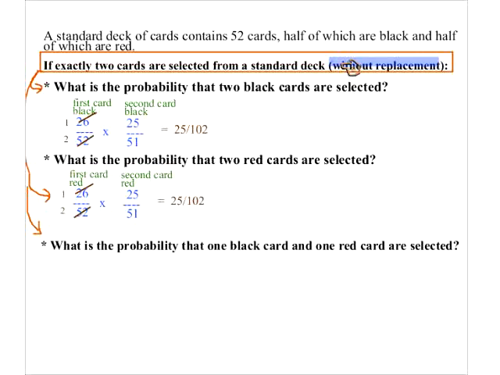So, okay, let's look at this one. What's the probability that 1 black card and 1 red card are selected? Well, let's do this in 2 ways.